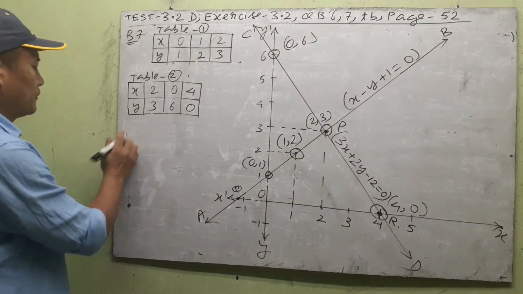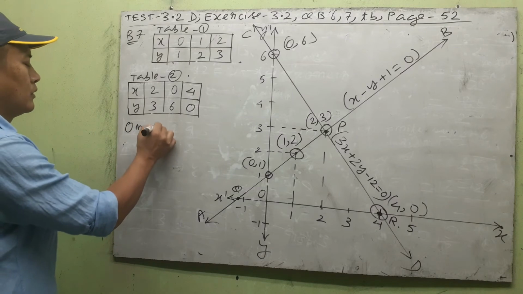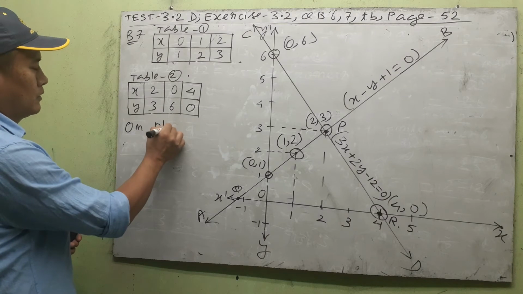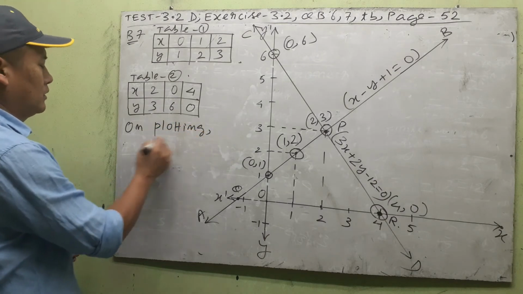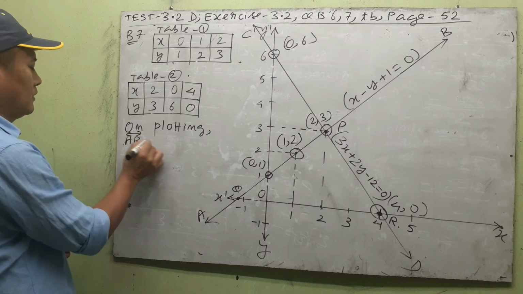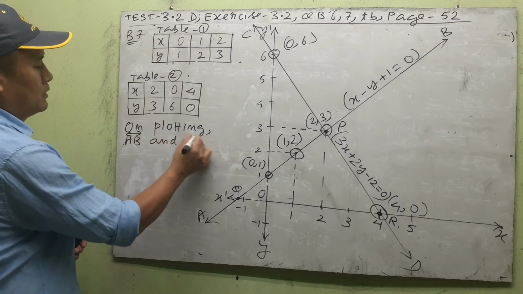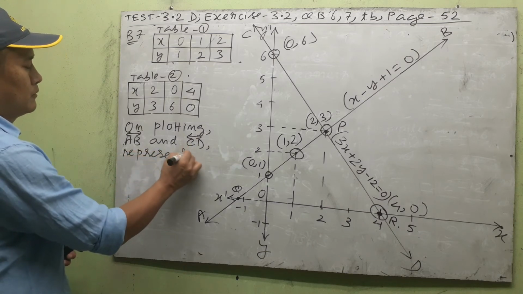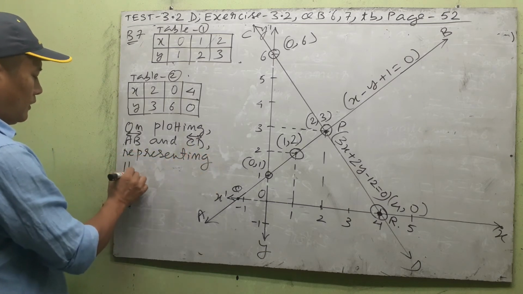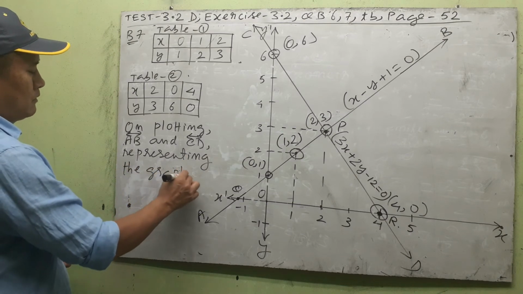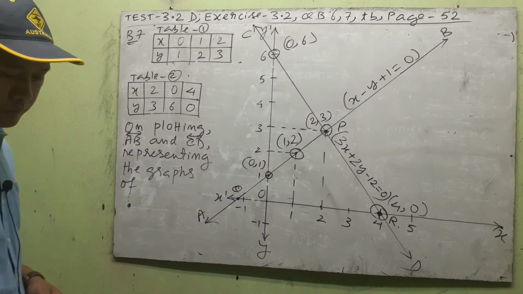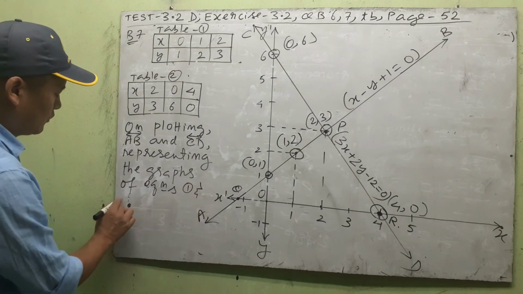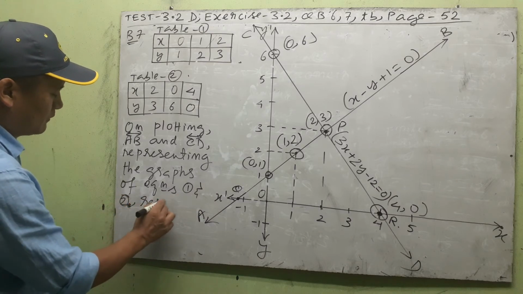So you write like this: on plotting, AB line and CD line representing the graphs of equations 1 and 2 respectively.